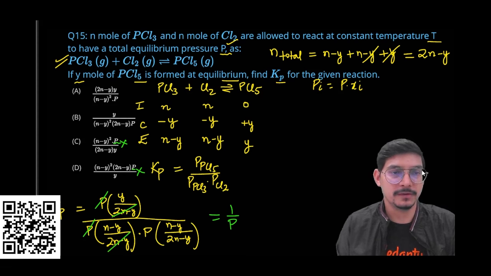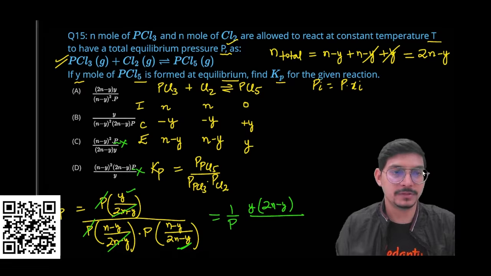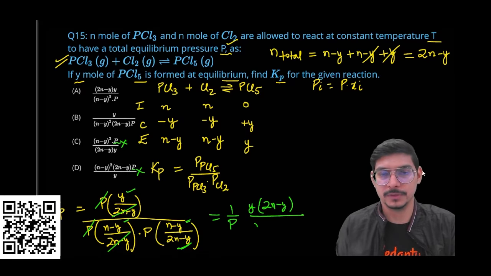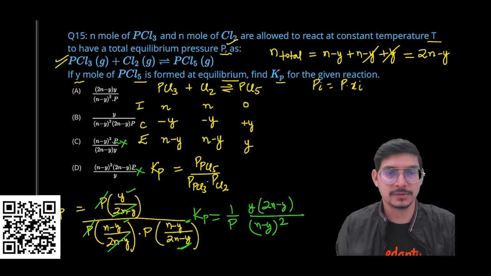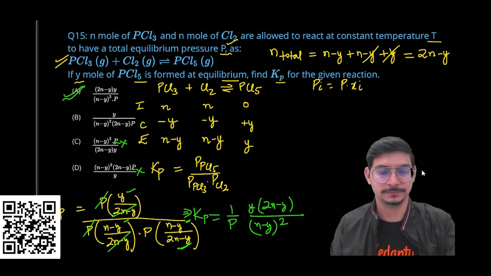And we would have y here in the numerator, and this 2n minus y here in the denominator of the denominator, which then becomes 2n minus y divided by the denominator of the expression, n minus y and n minus y, which would be finally n minus y square, right? So this is the final expression of Kp, which is y into 2n minus y divided by n minus y square multiplied by the total pressure. So this matches with option A, which is the correct answer of this question. Thank you.